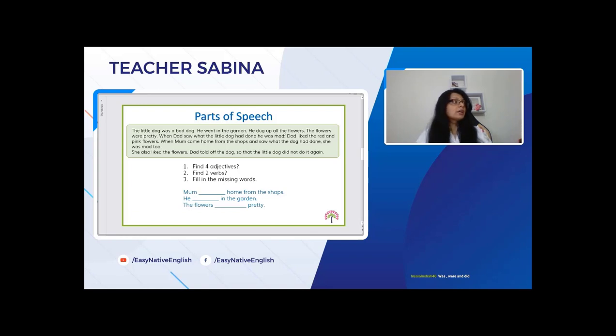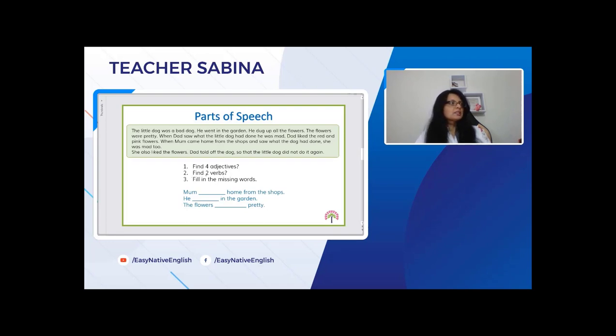If we go along here, there's no adjective here either because there's nothing to describe flowers. We've got pretty and we've already got mad. Then we have red and pink flowers. So red and pink describe flowers. So you could have red and pink as your adjectives too.